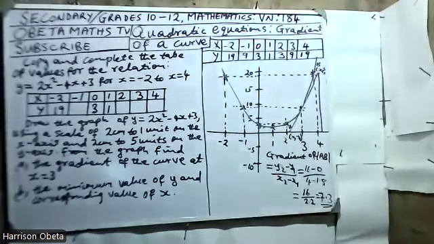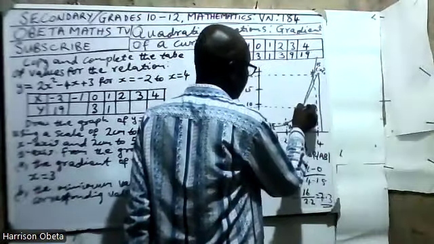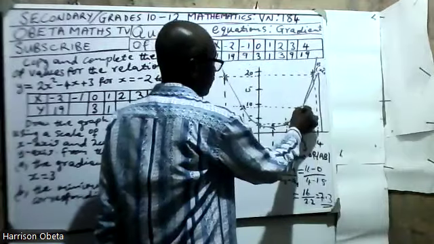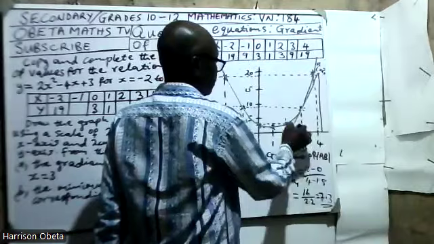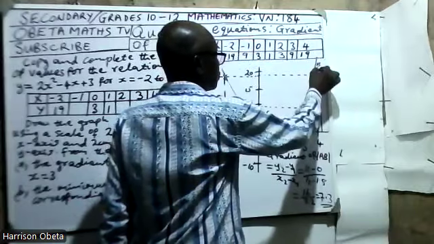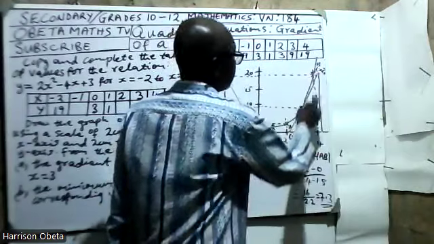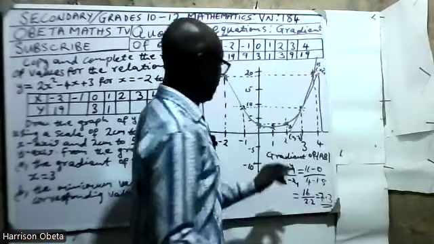And remember the way I have shown you, you draw a line to touch the curve only at this point, x equals 3, a straight line. After this, you have to come down here and check the x value and the y value.